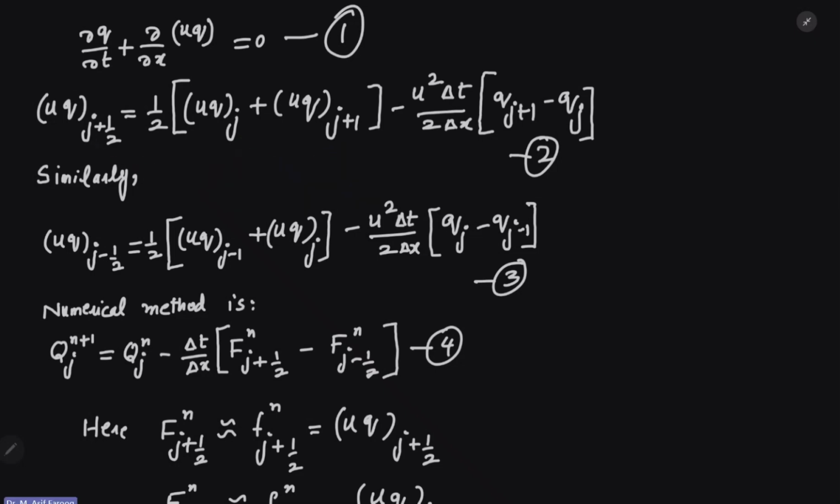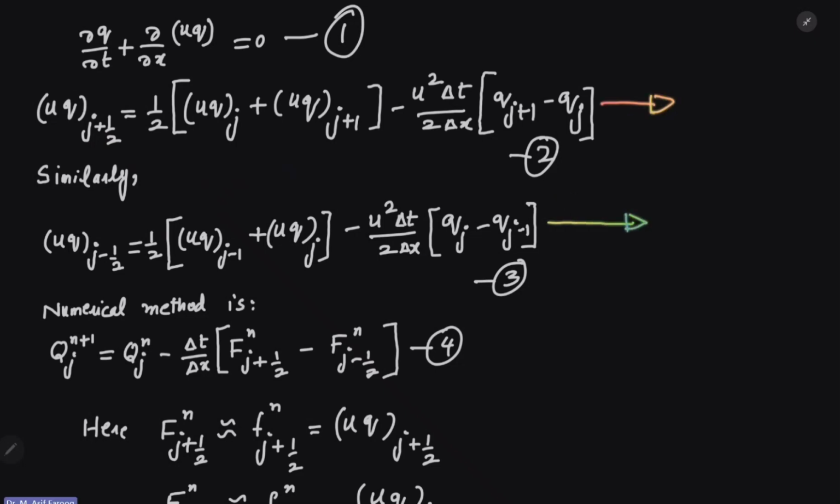Put everywhere where you see j, put there j is equal to j minus 1. So replace with j minus 1. So you can see that from the given flux, we can construct another flux as well.